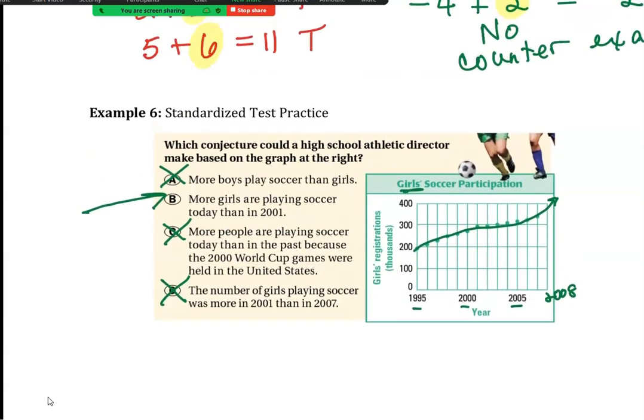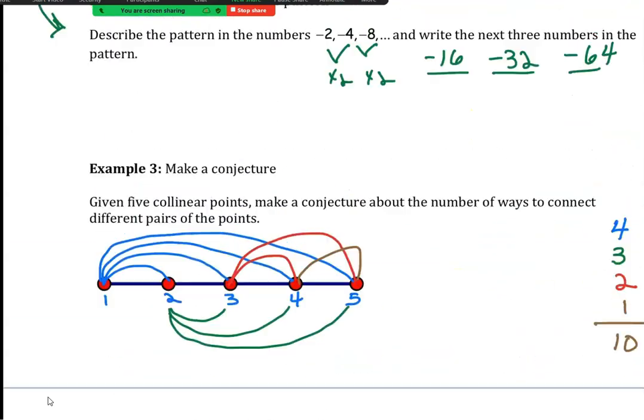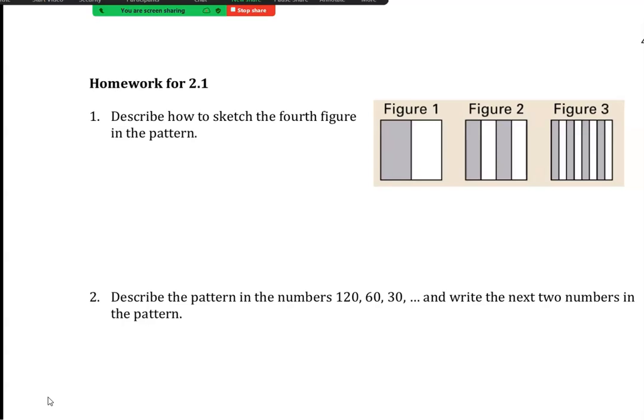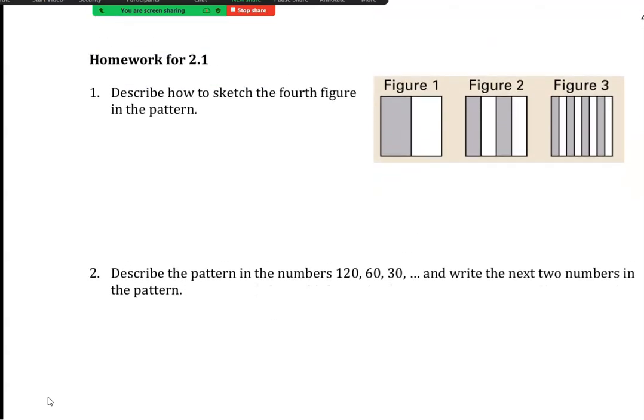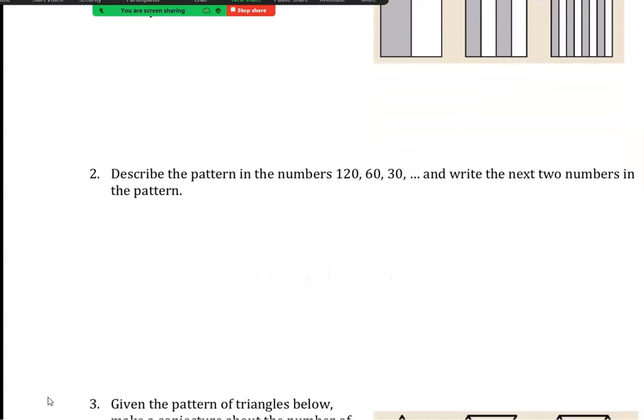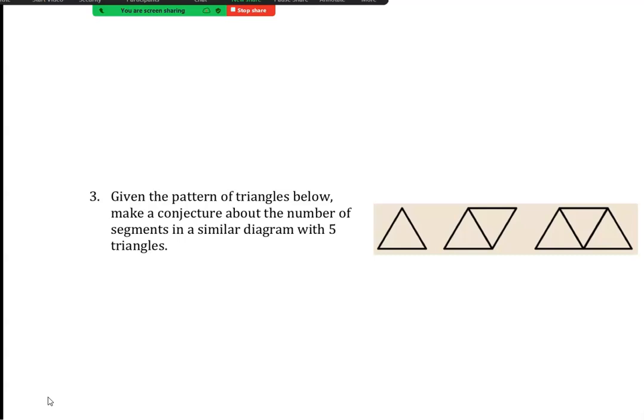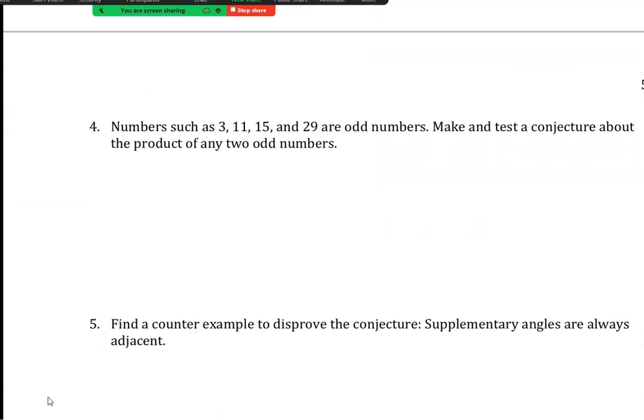Okay? So that's it for the notes. So make sure you copy this down. Now you're going to look at the homework. So see if you can get another figure, or describe how to sketch the fourth figure. Describe the pattern in these numbers and write the next two numbers. Give the pattern of triangles below and make a conjecture about the number of segments in a similar diagram with 5 triangles.